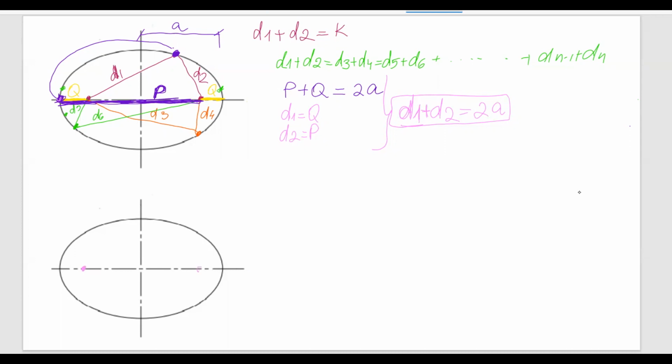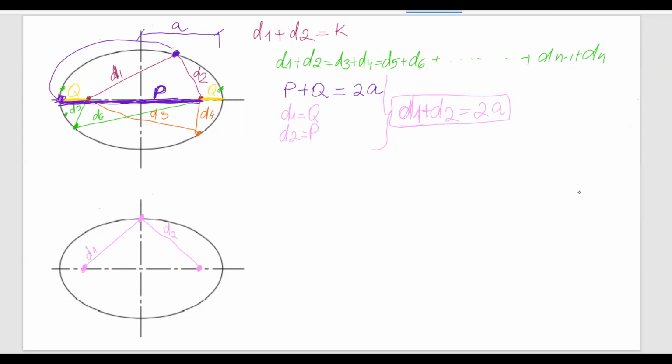So I'll go here and I'll draw my foci. Let's choose this point over here, a point on the ellipse. I'll draw the distances from that point to the foci, and I know this is D1 and this is D2.